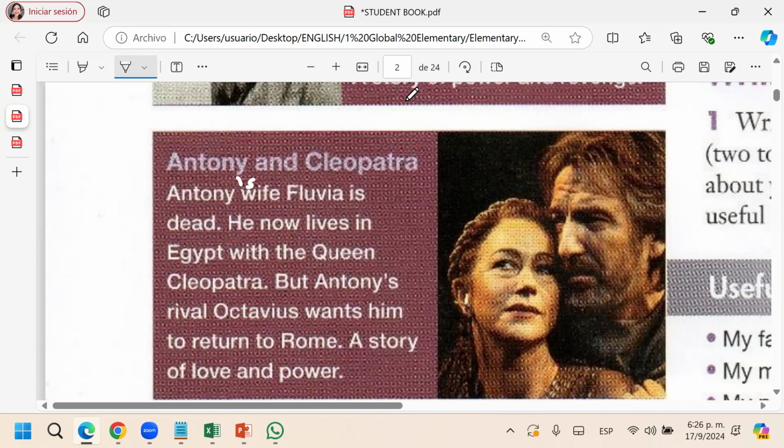He now lives in Egypt with the Queen Cleopatra. But Antony's rival Octavius wants him to return to Rome, a story of love and power. Yeah, Antony's rival, Octavius. And Antony's wife, the wife of Antony. So it's easier to say Antony's wife.